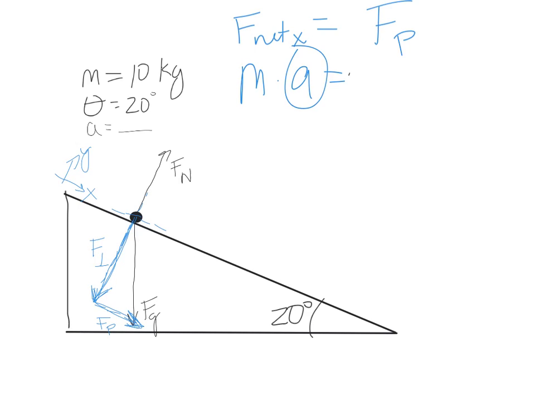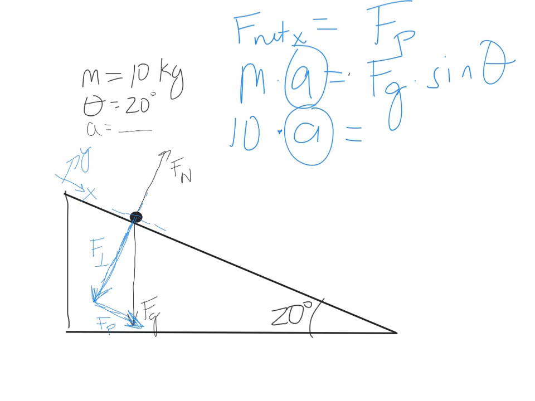Fp, I don't know that value right there, but I do know from our last video that Fp is Fg sine theta. So we're making progress. Let's continue here. The mass, we do know that mass is 10 kilograms. The acceleration is the unknown value. Fg, we don't know it, but Fg is m times g.